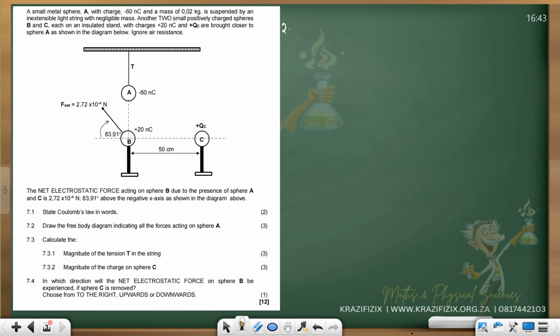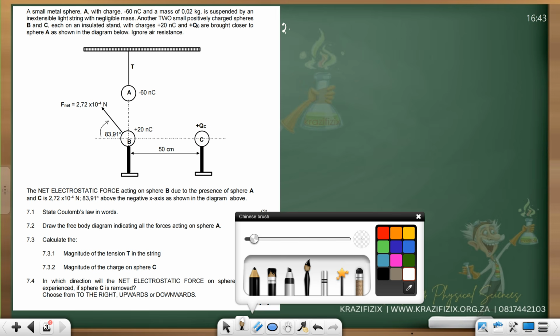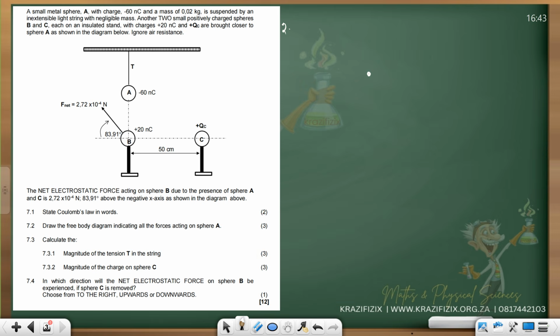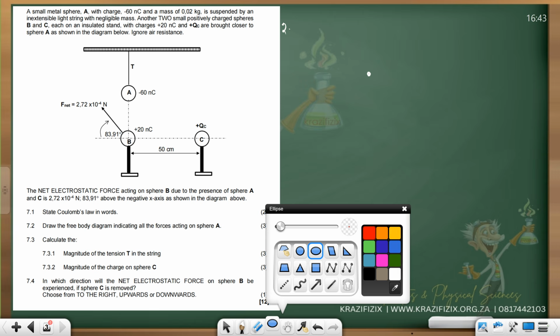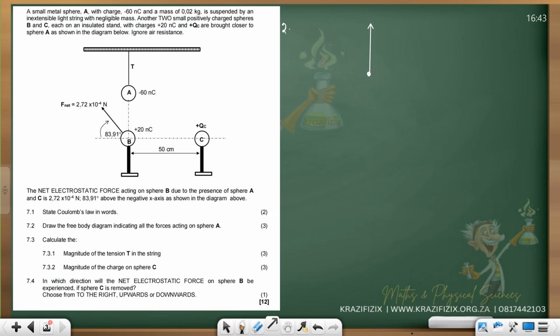Free body diagram. What can you tell me? On A, tension. It's been held by a rope there, so we have tension. What else? There's gravity. We're told it has a mass. But what do you notice? A is negative and B is positive, so B is actually pulling A. Can we then put that as what?